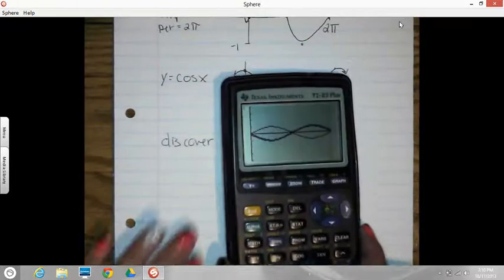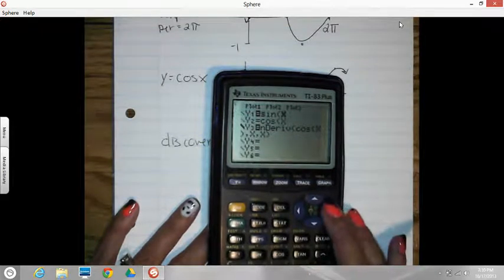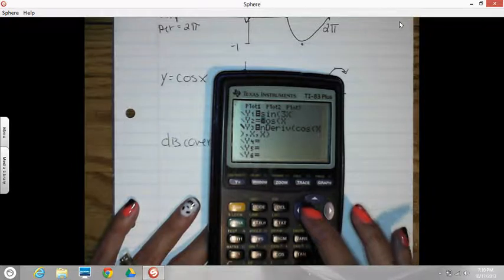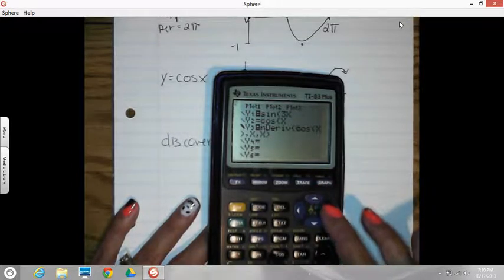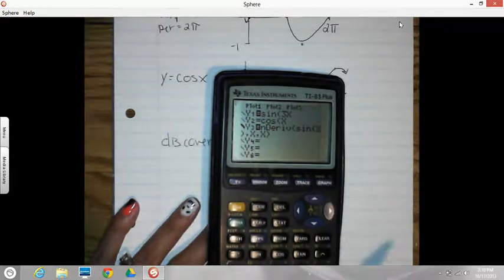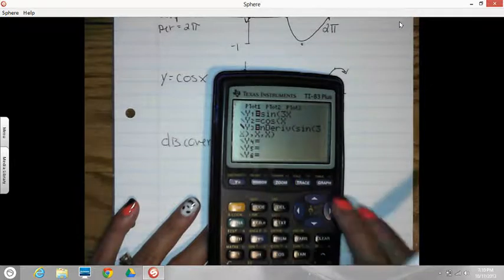I'm going to use the graph to tell. So we want sine 3x. I don't want cosine, I want the nDeriv of sine 3x. Insert 3. Make sure I've got it. Sine 3x, x, x. Okay.